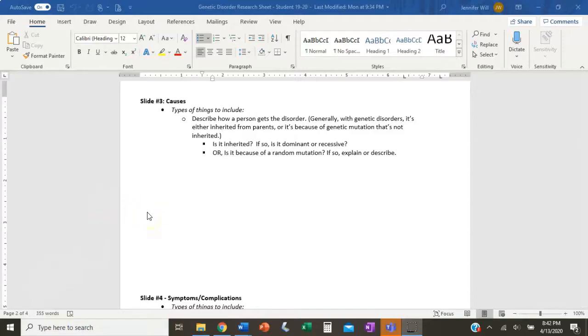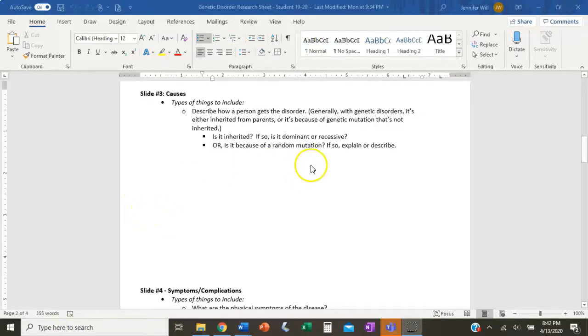We left off last time talking about causes and how this can be one of the more complicated sections of your report. It's really a section where we do want to have some focus because this is what we've been studying about is genetics, and so we want to know how it is that the genes cause this disorder.